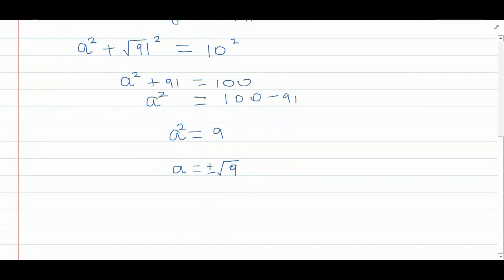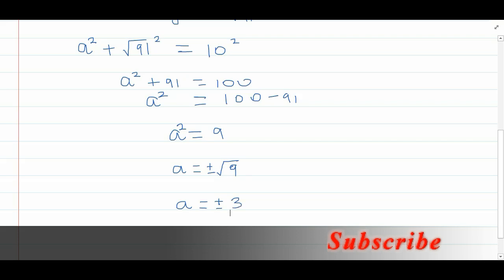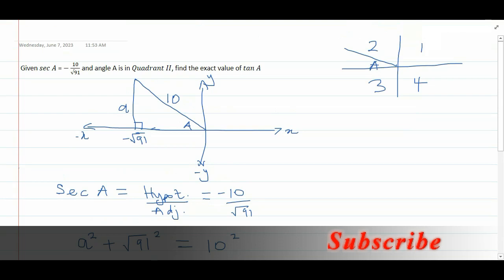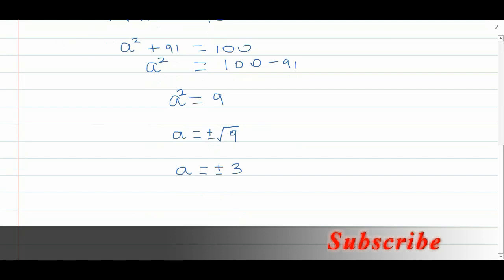So a is going to be equal to either positive 3 or negative 3. Let's go back and look at the sketch that we just did. A can be located on the positive y axis. Because of that, we can say that a is equal to positive 3.